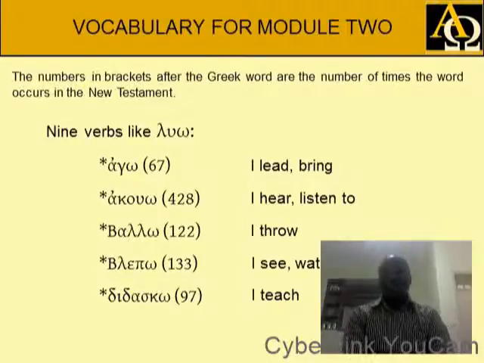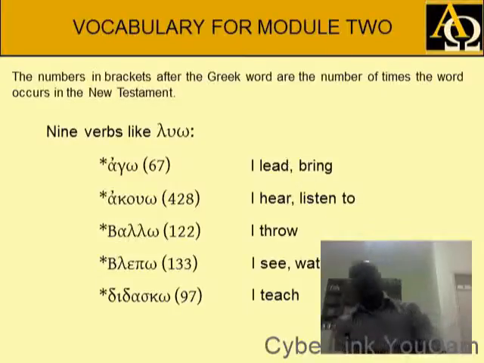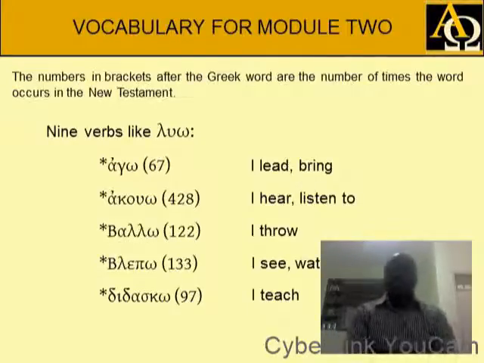Didasko, I teach. So when you think about your Greek lecturer, you think didasko. The word didaskalos is the word teacher, but to teach, or I teach, is didasko. And by the way, you can actually complete these words. So ago, ageis, agei, agomen, agete, agousin.